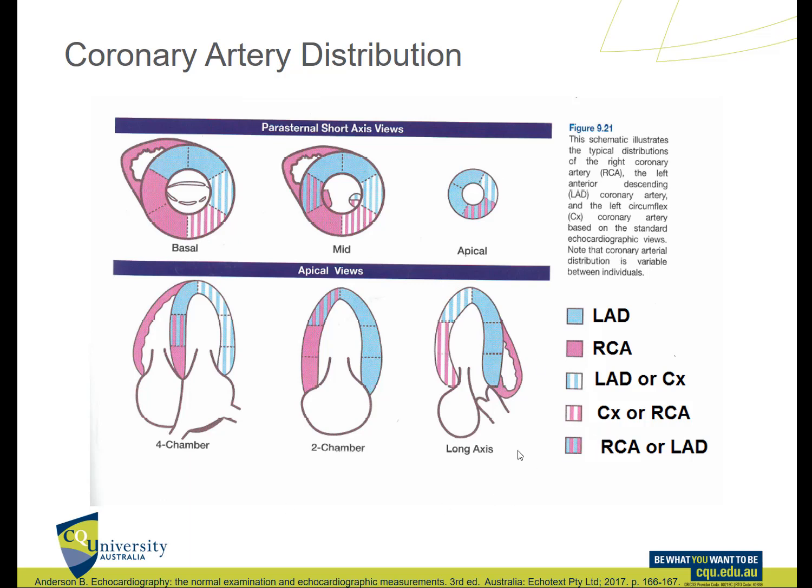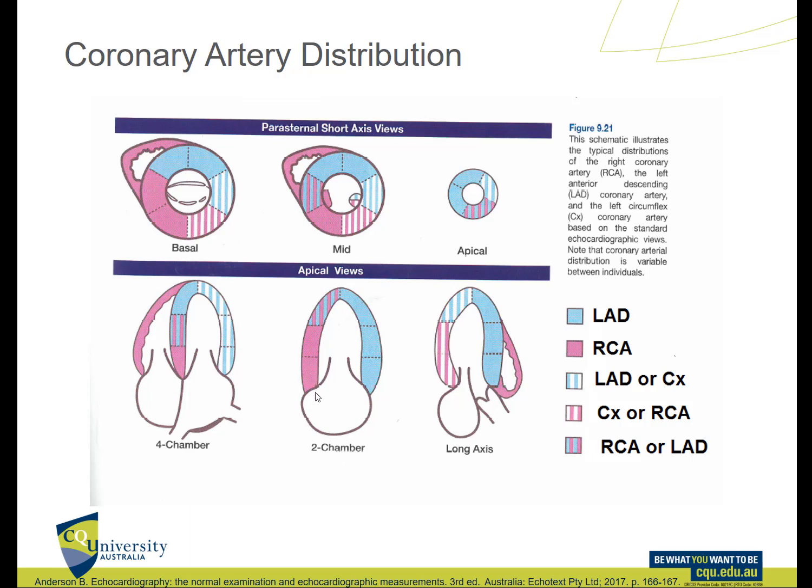And now we can see that the different coronary arteries correspond to different walls of the heart. So we can see this anteroseptal wall is blue. It's pretty well always fed by this left anterior descending. The anterior wall here, blue, left anterior descending.